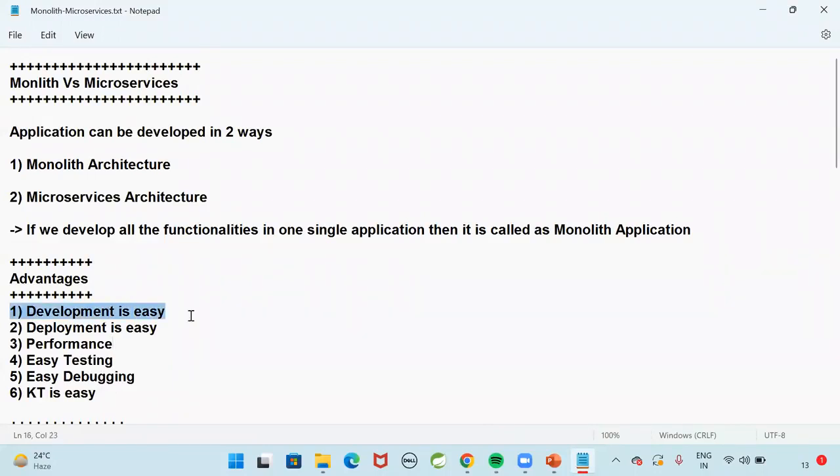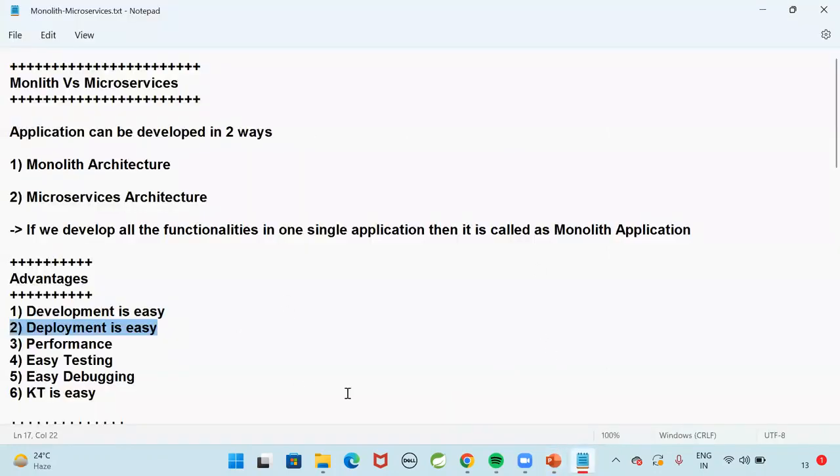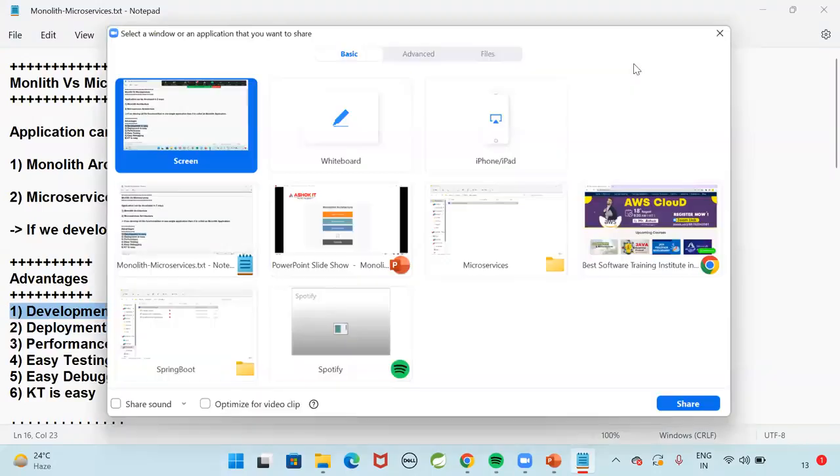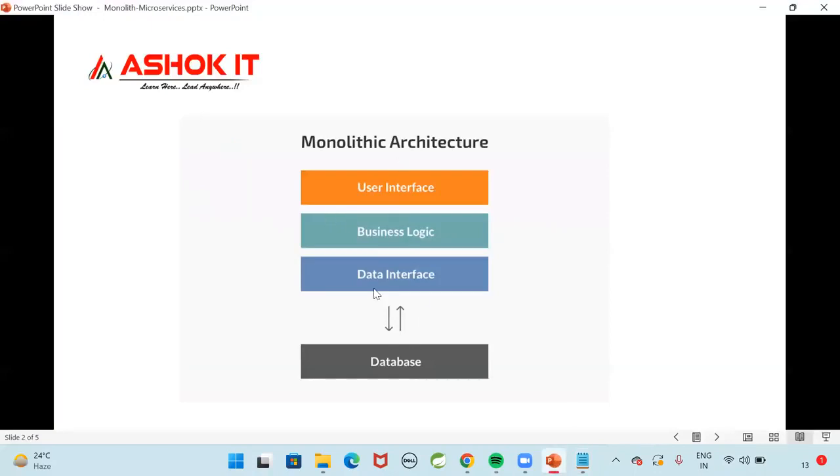So what are the advantages when we go for monolith architecture? Application development will be easy. Deployment also easy, because we are developing one single project. So easily we can develop the project and easily we can deploy the project. And application performance also will be good, because everything will be available at one place.